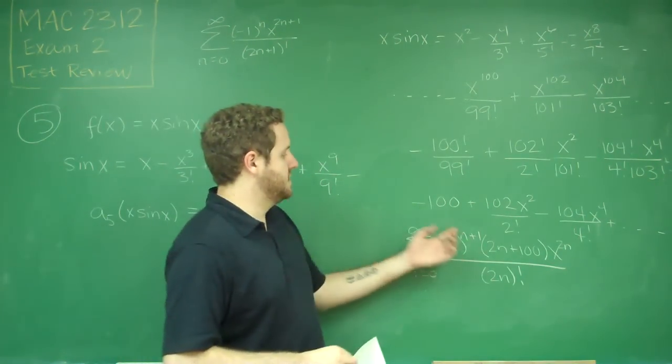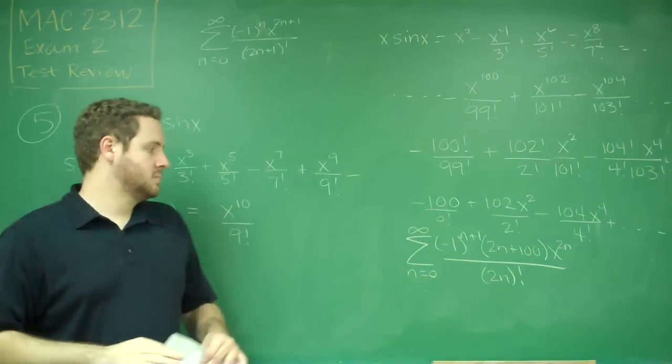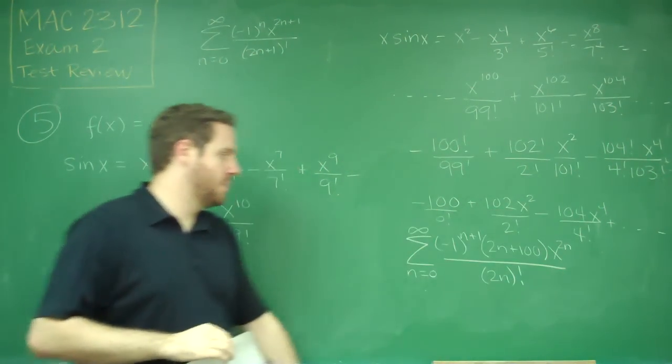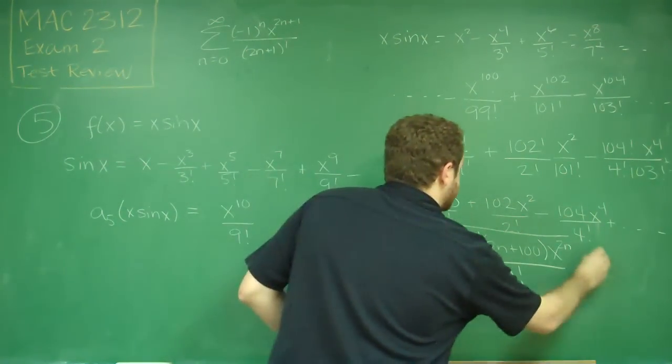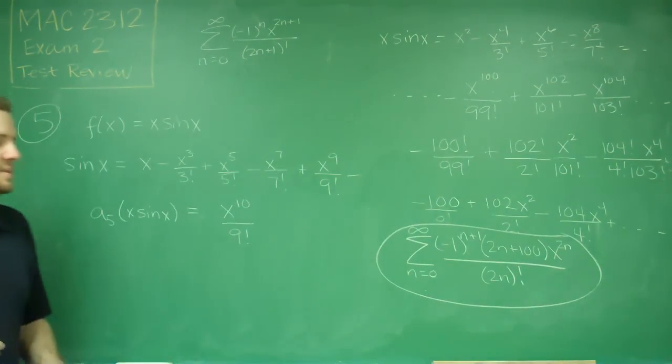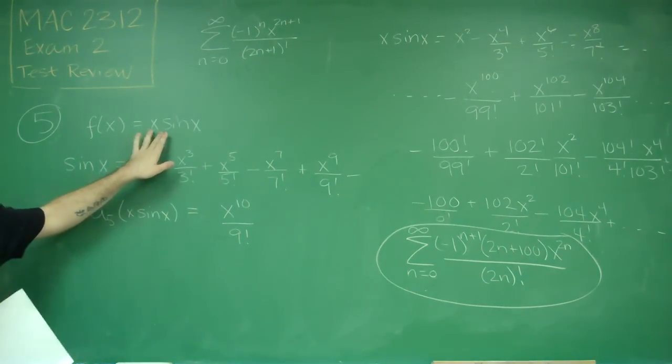Plug in 0 for n, we get 0 factorial, which is 1, so that works out. 2, 4, etc. So here we go. We've determined the series representation for the 100th derivative of x sine x.